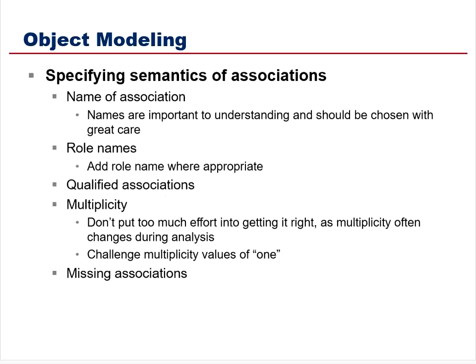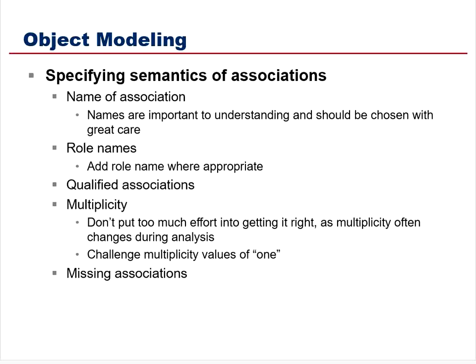Okay, now see how we specify the semantics of the association. Whenever we specify the semantics of the association, we have to write down the name of the association. The name is a most important part to understand and should be chosen with great care. Again, we have to specify the role name, where appropriate, and from this role name we can identify the role of a particular object or class.